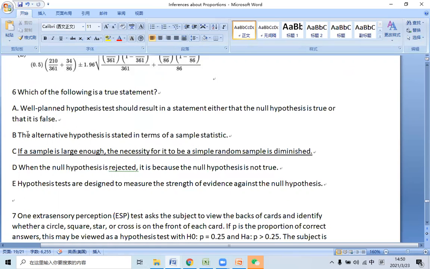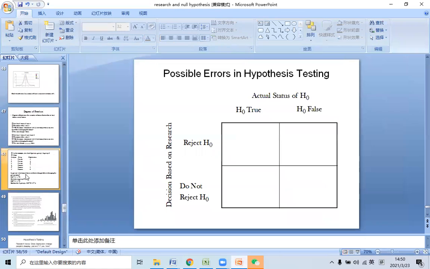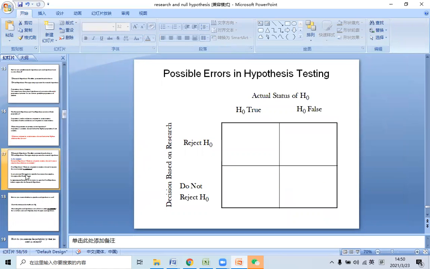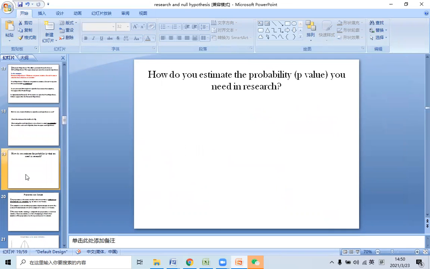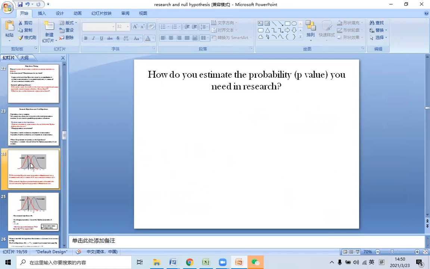B, the alternative hypothesis is stated in terms of a sample statistic. If we look at the hypothesis, no, it's not about a sample. It's not about sample statistics.